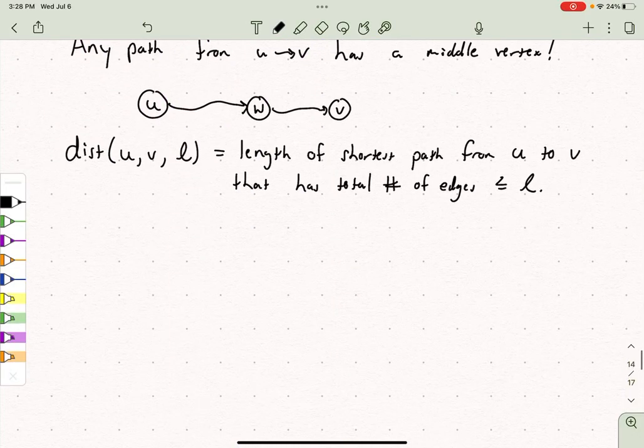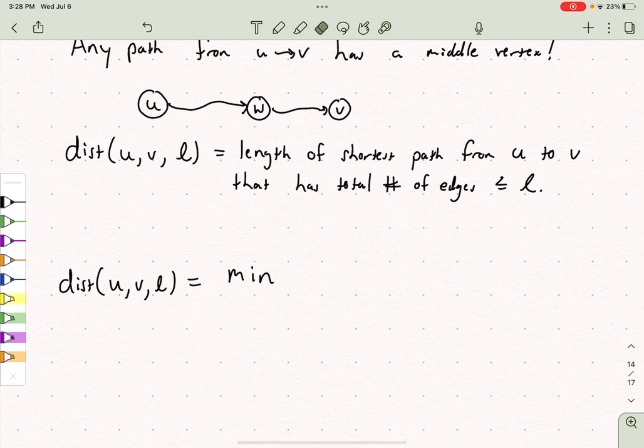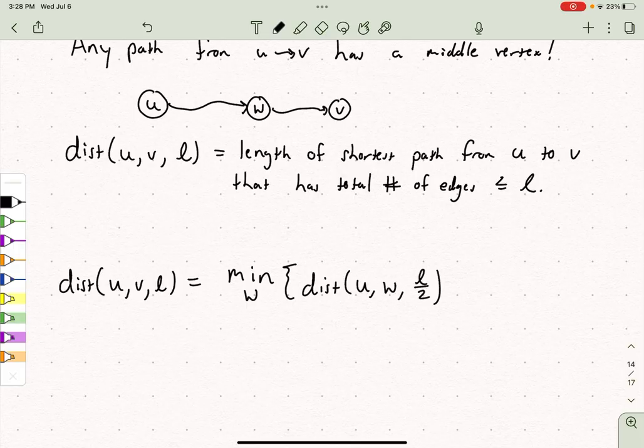But the difference now is how we're going to compute this. Recursively, we'll do the following. The main thing we want to do is take a min over all possible middle vertices, I'll call it w, of the distance from u to w, which takes at most L over 2 steps, plus the distance from w to v, which takes at most L over 2 steps.